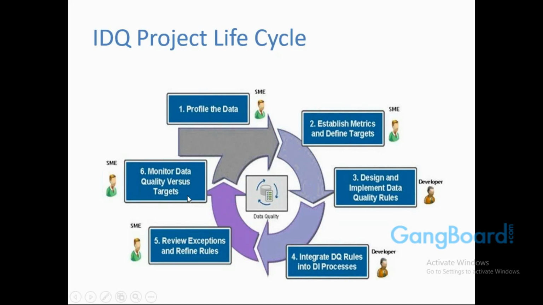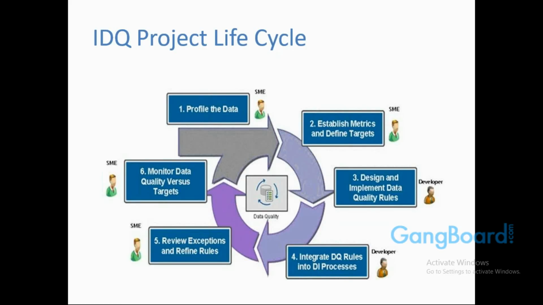Monitoring data quality versus targets, in the sense, let's take a gender field. There will be only male and female. If there is any value other than male and female, your score will be reduced. Let's say out of 100 records there are only male and female, then the score will be 100%.